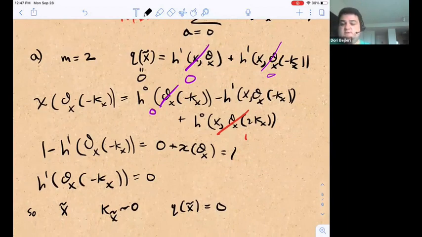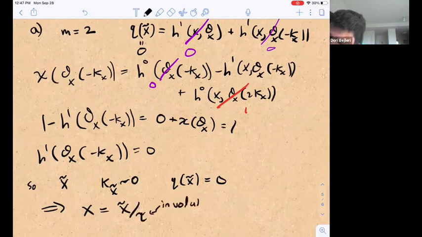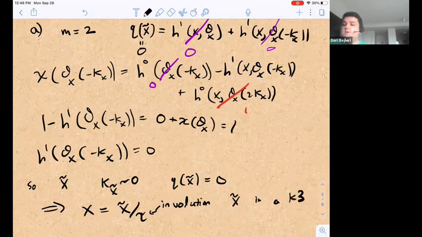So the action is by some involution, and so that tells us that X is X tilde modulo some tau, which is an involution, where X tilde is a K3. Okay, so that's the Enriques case.